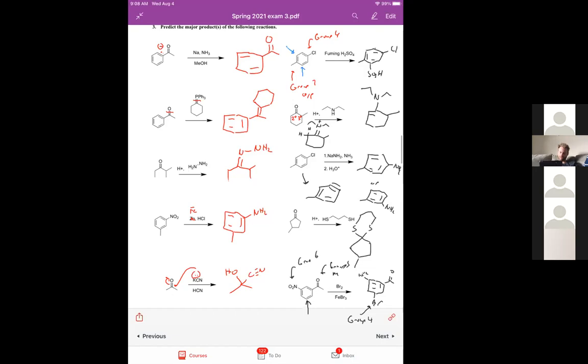I think you're thinking of if you have NBS in excess, then you can add multiple Brs. There's no hydrogen here left, so you can only add a Br to that position. If you did this Br2 reaction in excess, it would be a huge mess.